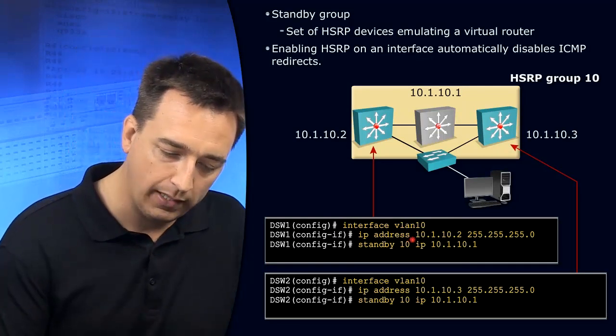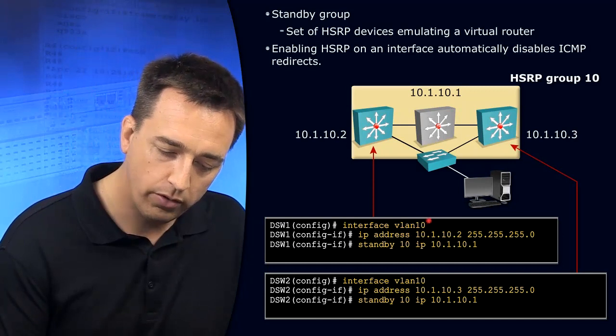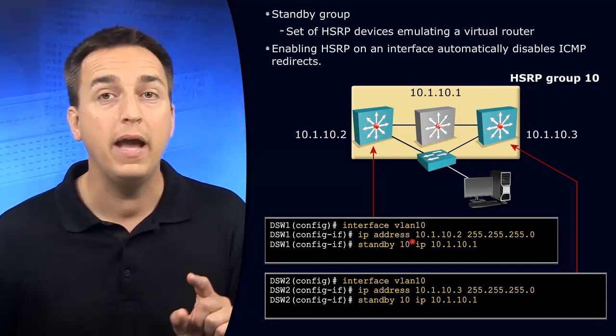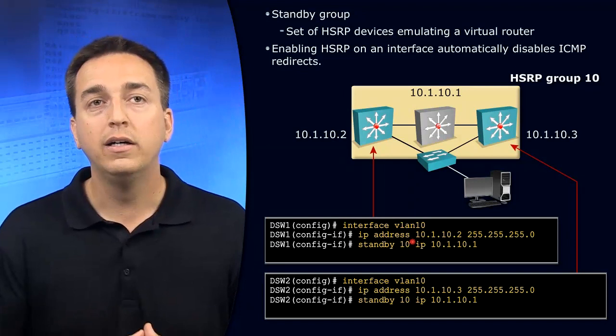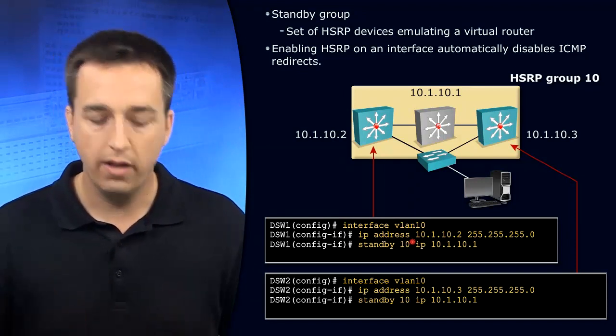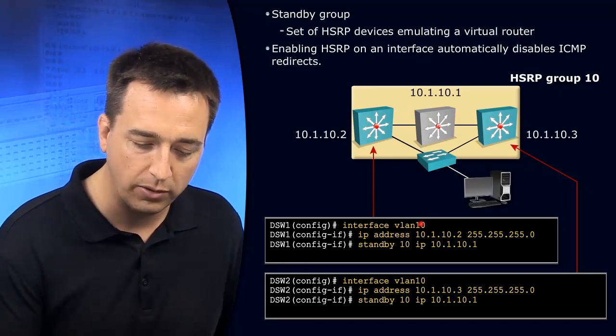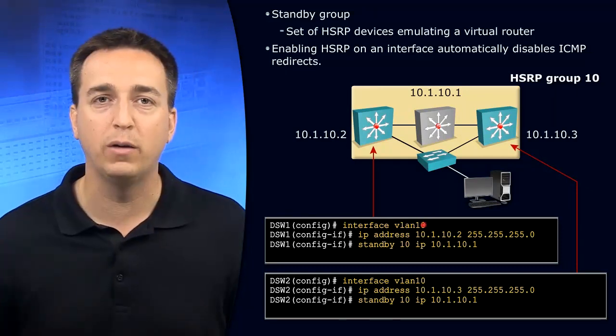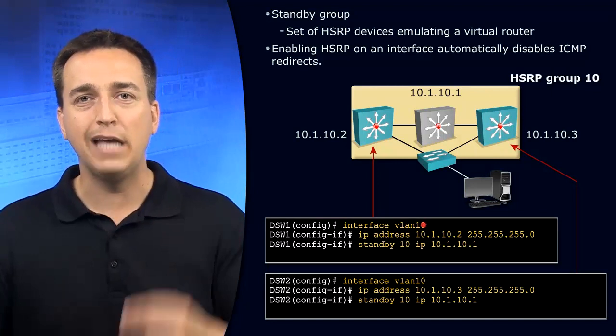Now, is that because it's VLAN 10? No, not at all. But it's recommended that if you are creating a standby group for a particular VLAN, you make sure the numbers are the same just for sanity purposes, to keep yourself straight.